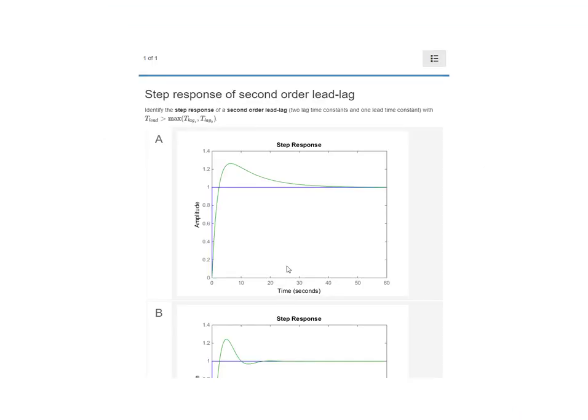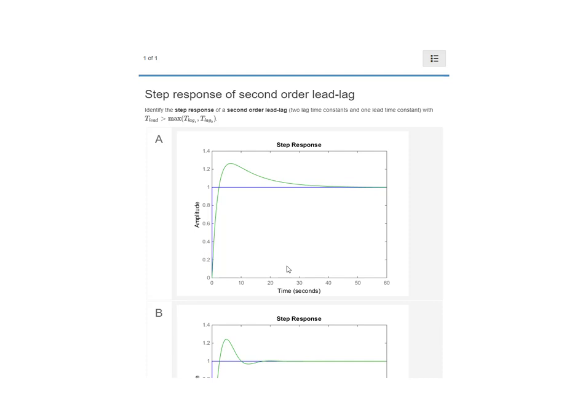Let us do a little quiz. So you have to identify the step response of a second order lead lag. So 2 lag time constants and 1 lead time constant, and T lead is larger than T lag 1 and T lag 2.